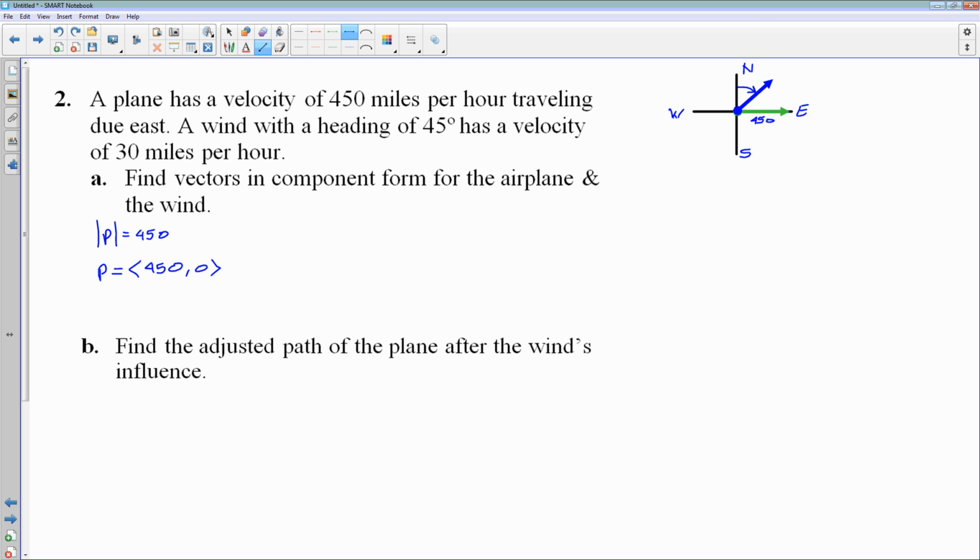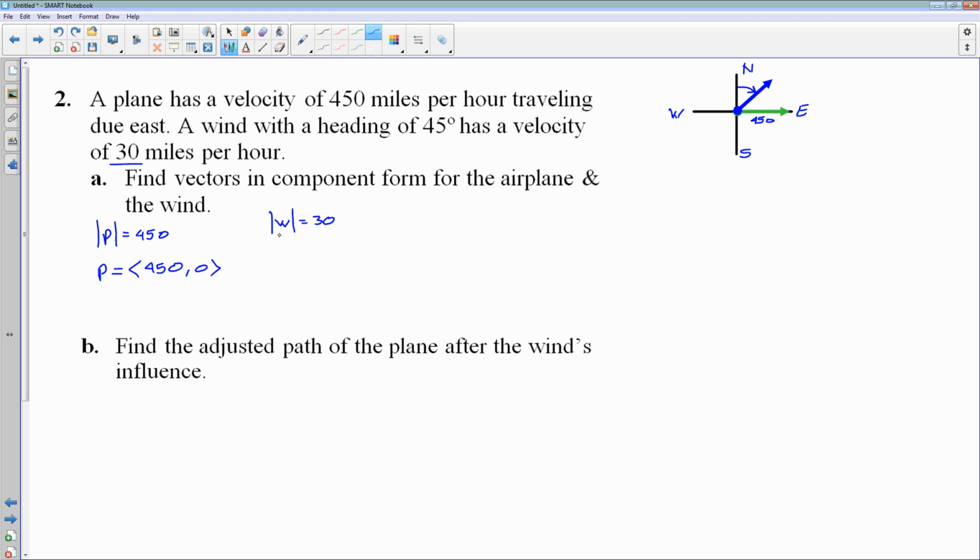It's going off this way, and the magnitude of my wind is 30, because I said it's going 30 miles an hour. So I know the magnitude of my wind is 30, and I have a direction, a bearing of 45 degrees. I really wish I'd chosen 30 degrees, but we'll stick with 45.